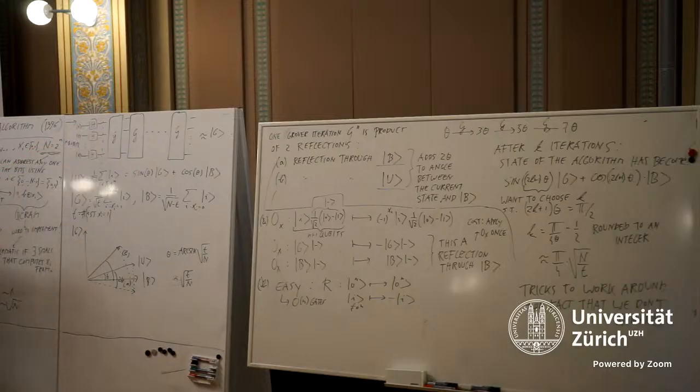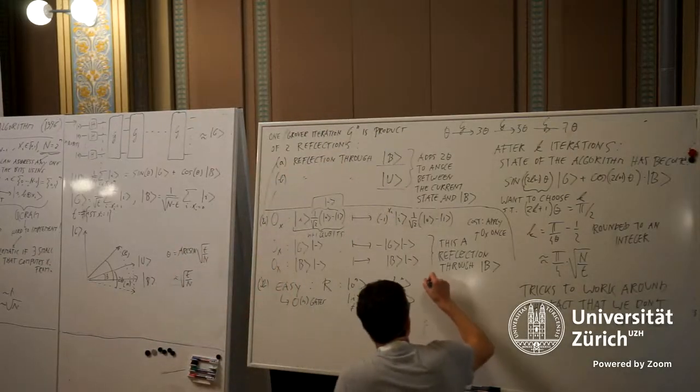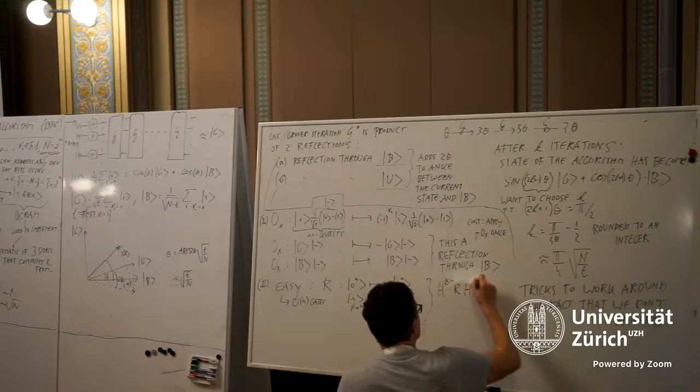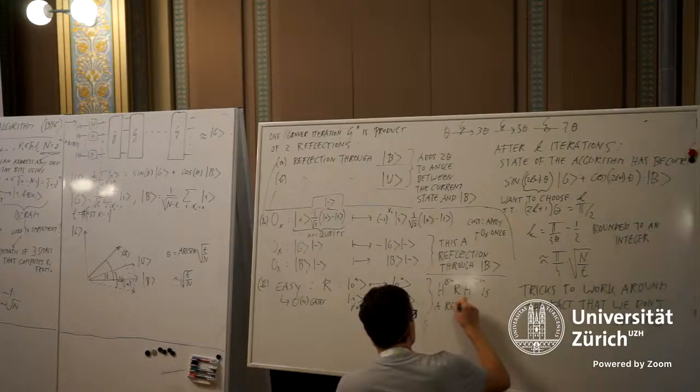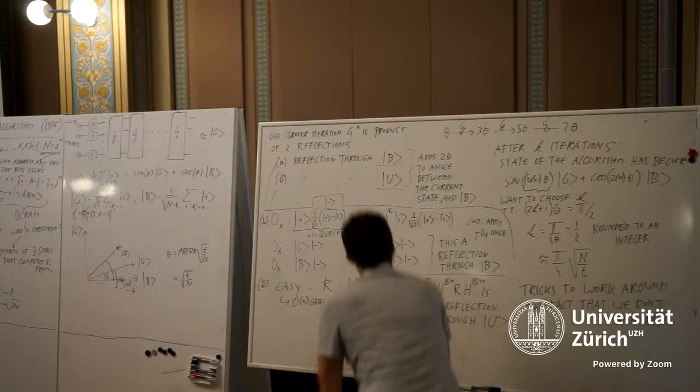So I can take this simple circuit R, which I tell you exists, and if you now conjugate this circuit with little n Hadamard gates before it and little n Hadamard gates after it, you get the reflection that we want for part B. So H tensor little n, R, H tensor little n is a reflection through the uniform state, which is what we wanted for part B.